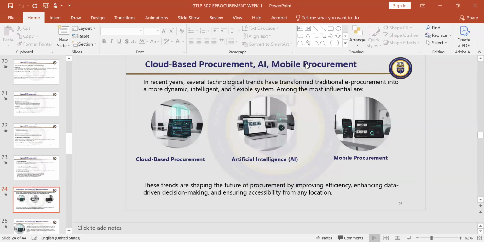Are we okay here? Yes, sir. All right. So for instance, if you are using an iPhone or a Samsung phone, when you change your phone, you don't need to copy your numbers, your pictures, or whatever.